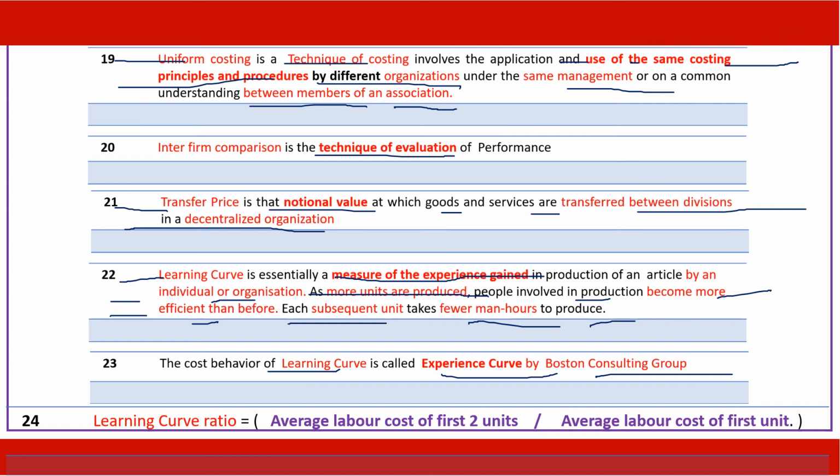Learning curve ratio is average labor cost of first 2 units divided by average labor cost of first unit. For example, if average labor cost of first unit is 100 and average labor cost of the first 2 units is 80 per unit, then it is known as 80% is the labor learning curve ratio.